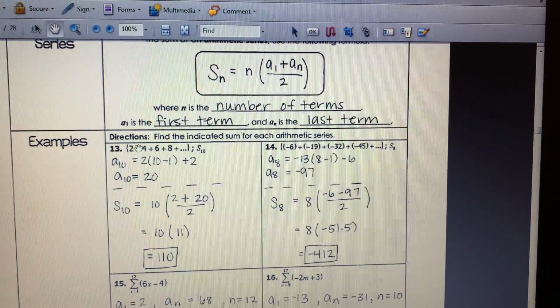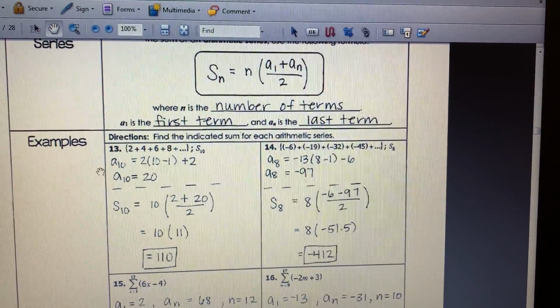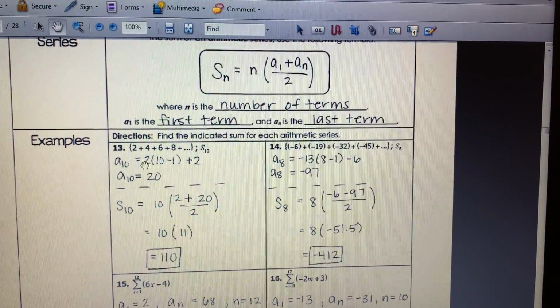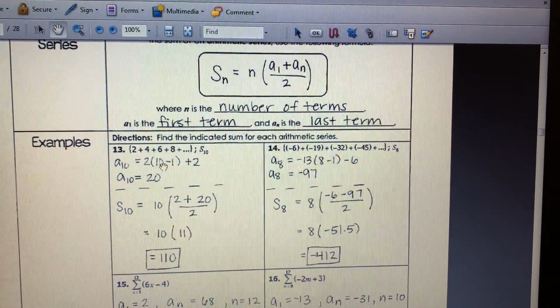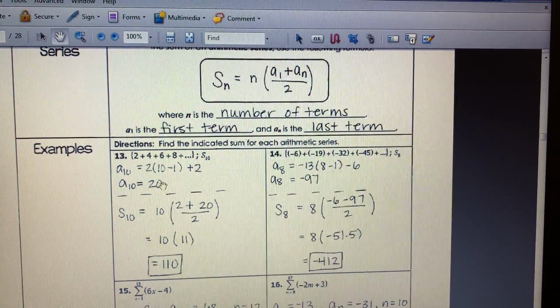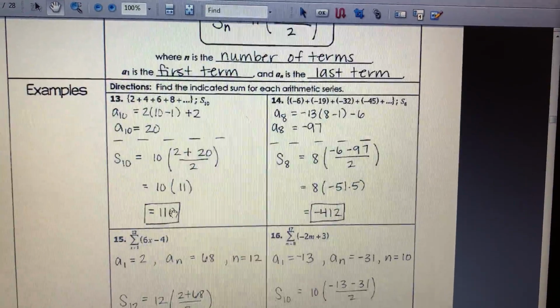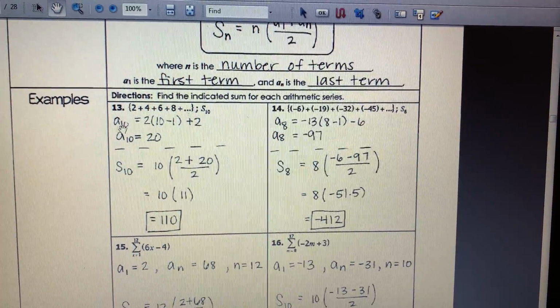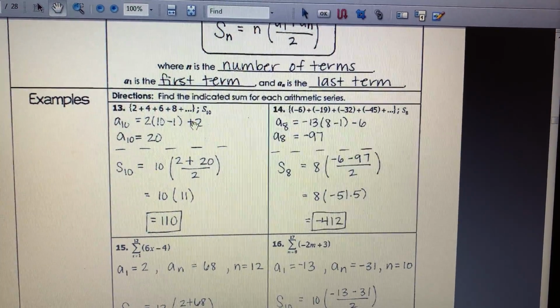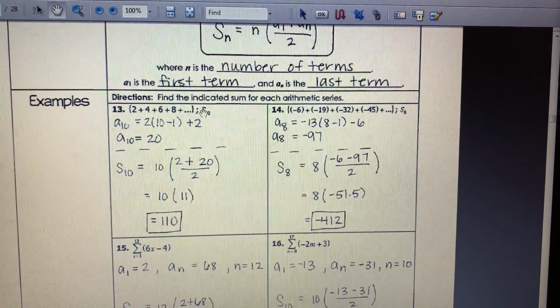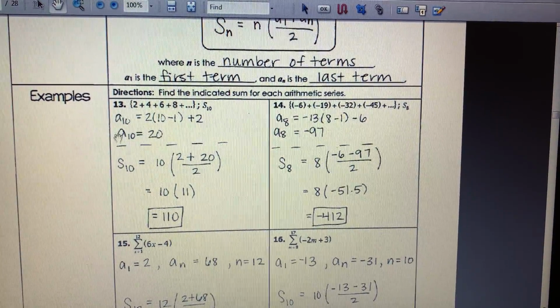And so since these are going up by 2, d is 2, which means that a10 is going to equal 2 times n minus 1, where n is 10, so 10 minus 1, plus 2, which was the first term. And so a10 is 20.